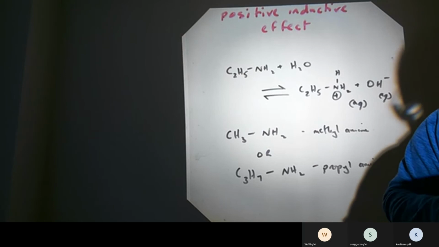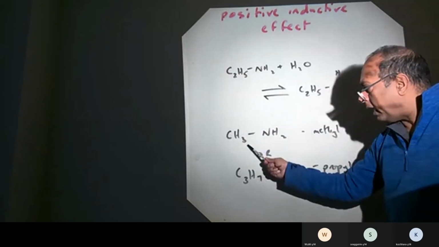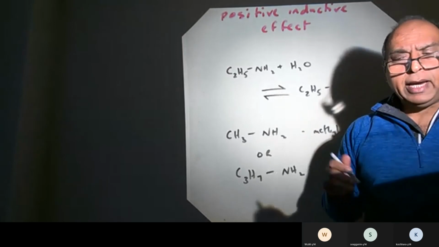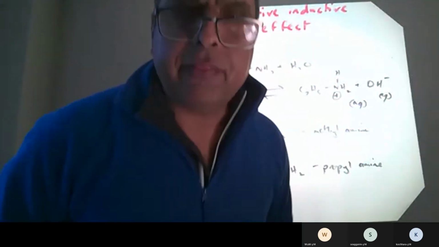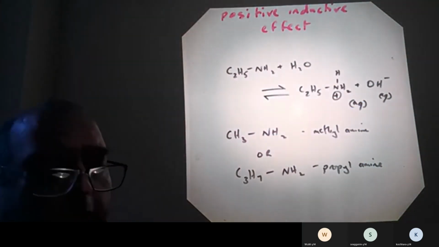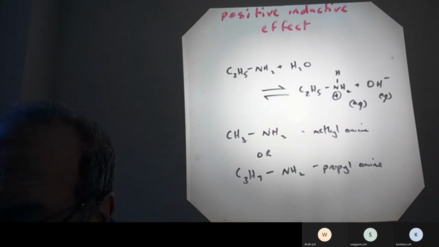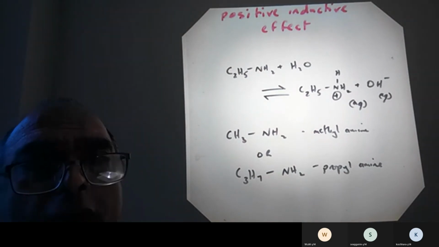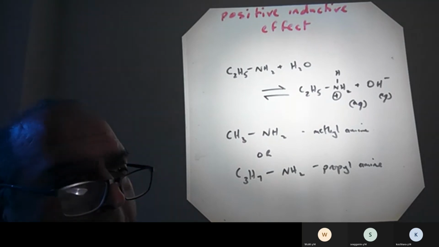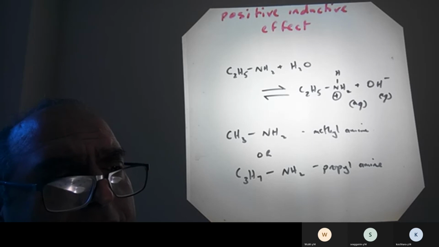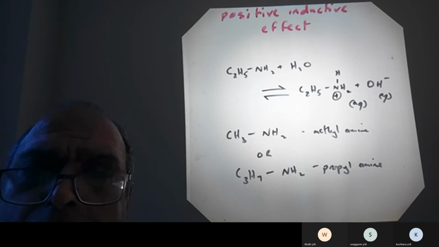I want you to know that the size of the alkyl group has an effect, because the positive inductive effect of larger alkyl groups is more pronounced. The positive inductive effect is more for larger groups.